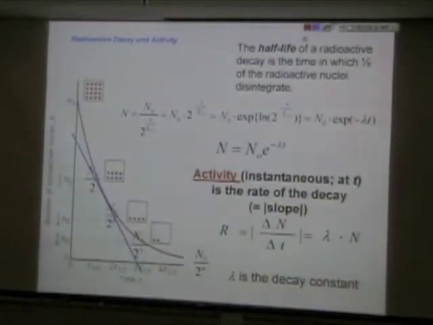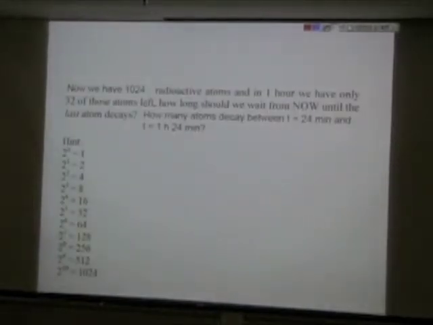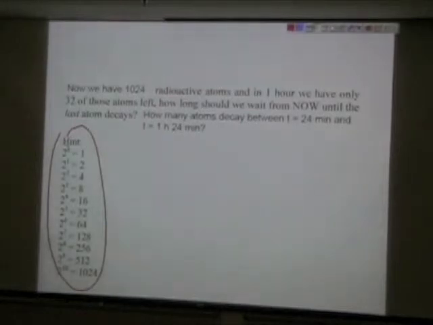And this is just an example, which let's do together. It's very convenient sometimes to spend a minute and write all powers of 2, because if you're using half-life, you're using powers of 2. So here in this example, you already have it given to you.